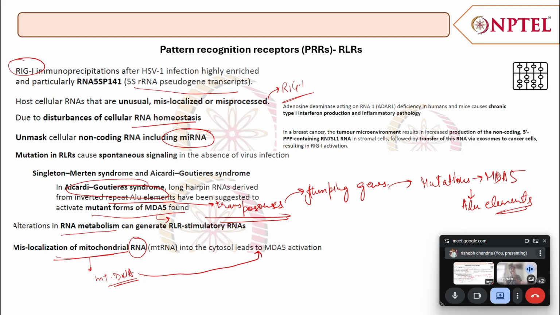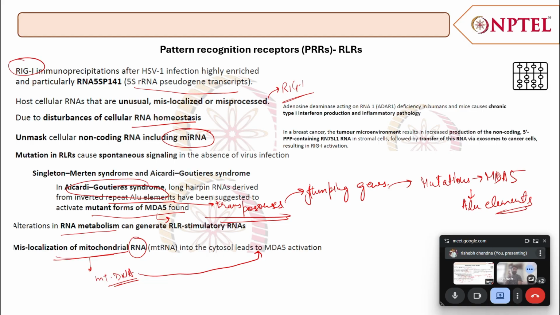These responses are due to the activation of the receptors in the absence of a virus, or it includes the regulation of the different RNA particles present inside the cytoplasm.